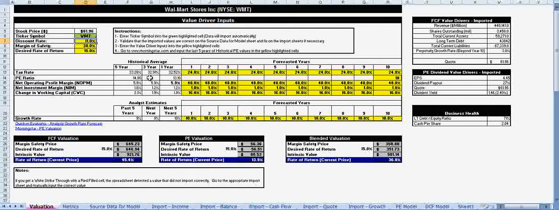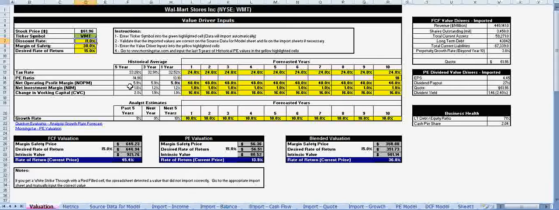To make things simple for you, using historical financial data, I've calculated the 5-year, 3-year, and 1-year historical averages. What you're looking for is companies that are growing very consistently and have a very consistent business model. In this case, you can see that Walmart is very consistent.